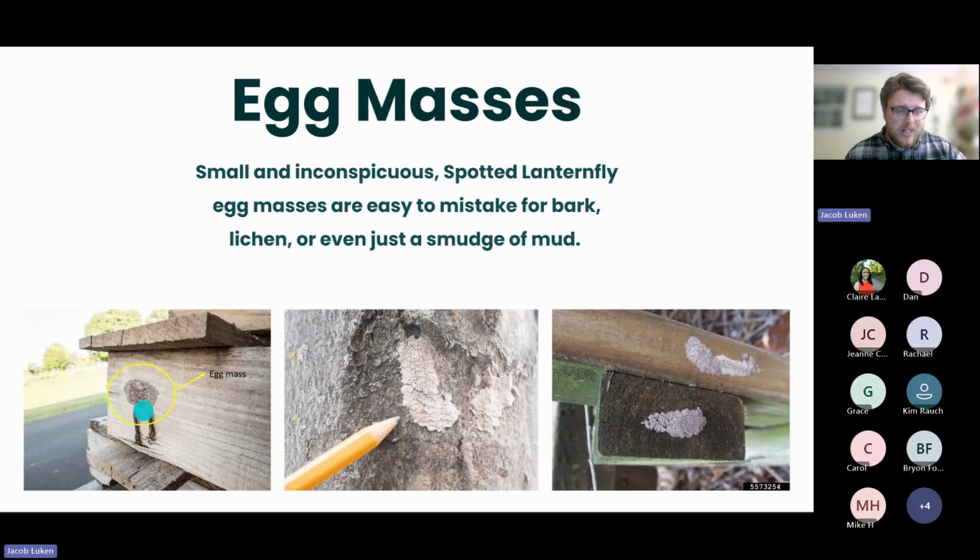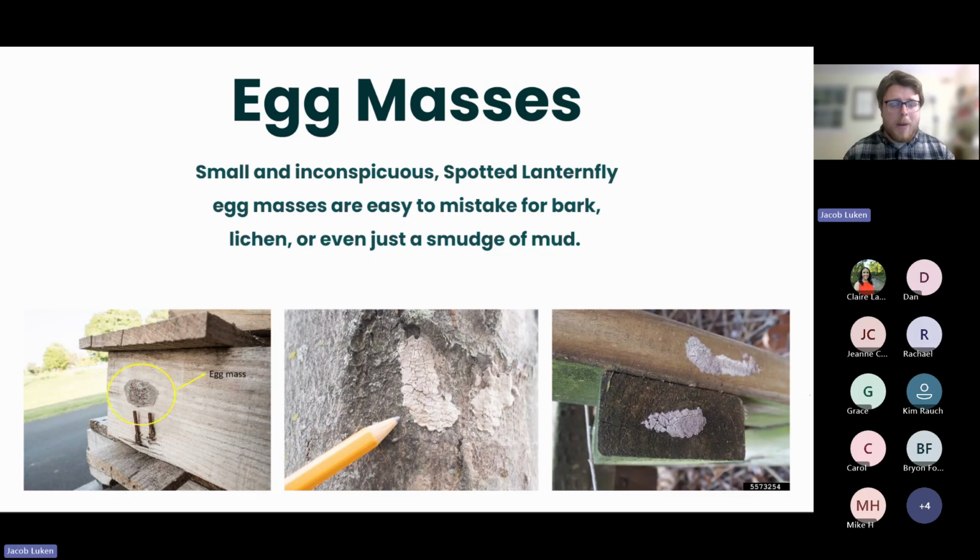So here we've got three examples: on what looks like a deck or a set of stairs, this one here on a tree, and then this one just on some other pieces of wood. It grows on any vertical surface. It doesn't have to just be wood, but it can grow on a wide range of vertical surfaces.